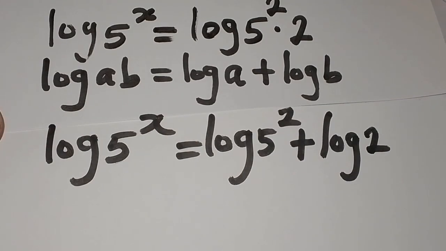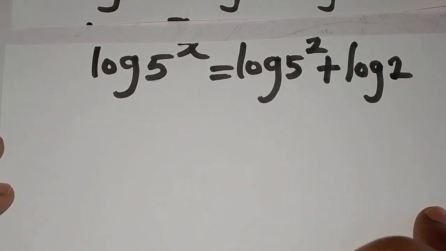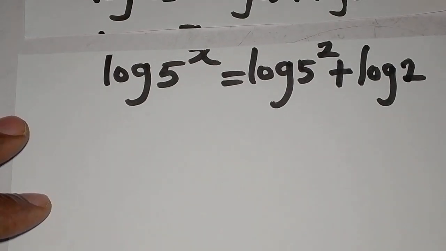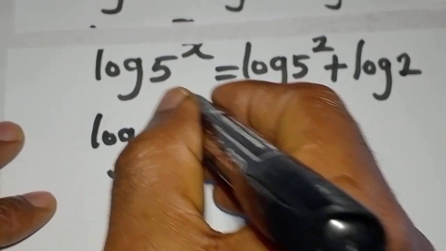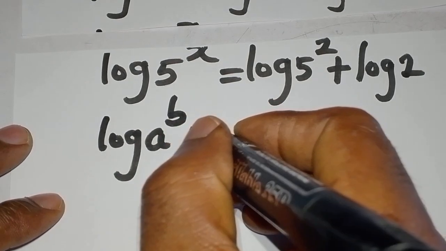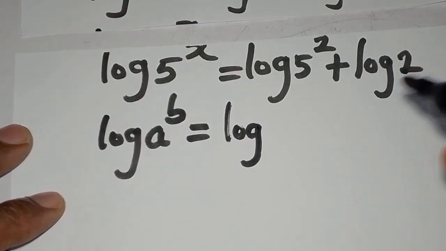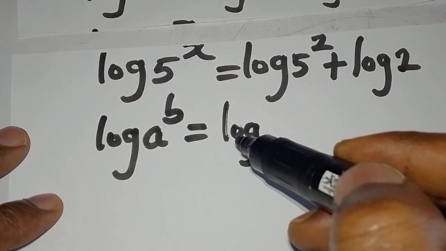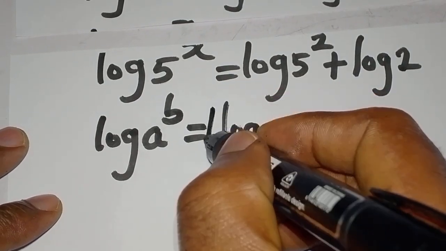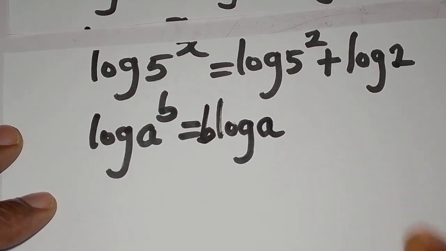Okay, so this is what we have, right? Now let's continue from here. And the next law is that if you have log a to the power b, then you can write this as b log a, because the power can go behind.